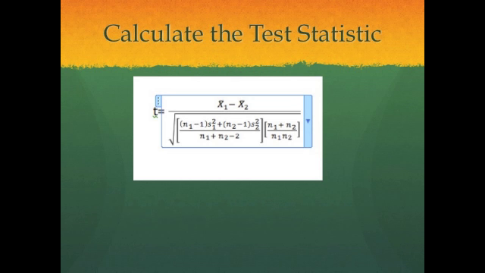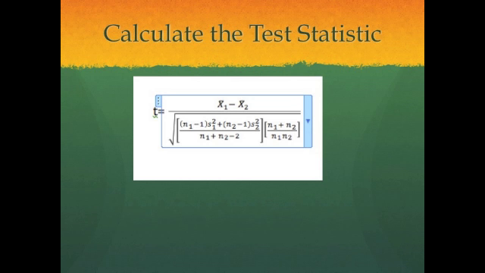And I know each of you have seen this formula in the past within this course, and it's really simple. We're really just using some simple arithmetic to plug in the numbers. So in the numerator, we're looking at the mean for group 1. We're looking at the mean for group 2. On the bottom portion, we're looking at the number of participants in group 1. We're looking at the number of participants in group 2.